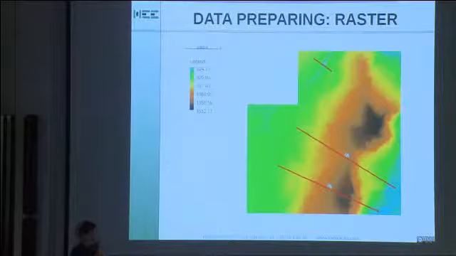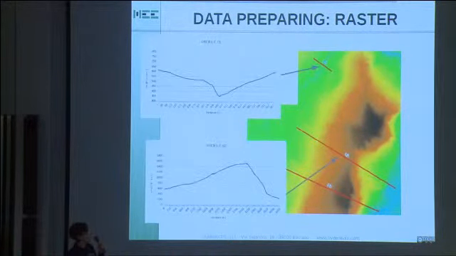In this case with a shapefile, we have 3 lines, and for each line you obtain a CSV, and then you can open it in a spreadsheet and draw your profile. Here, this is a mountain, and this is a valley here.